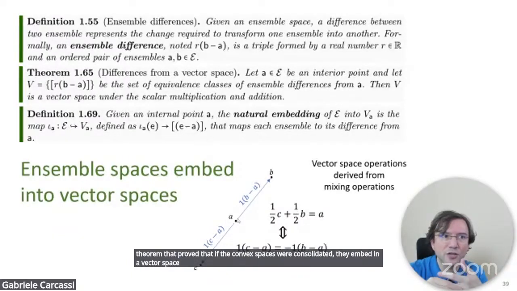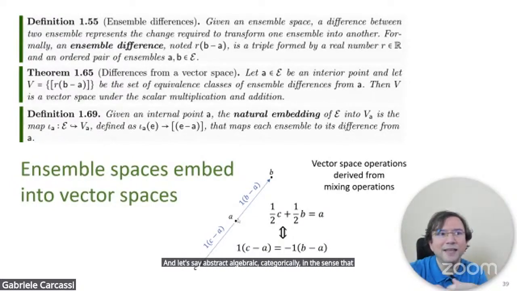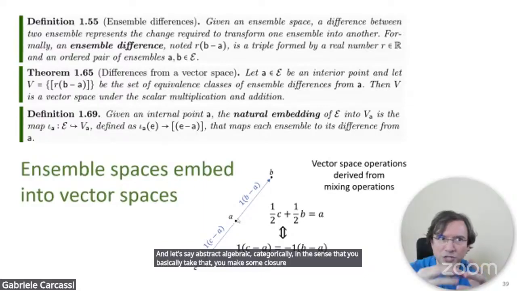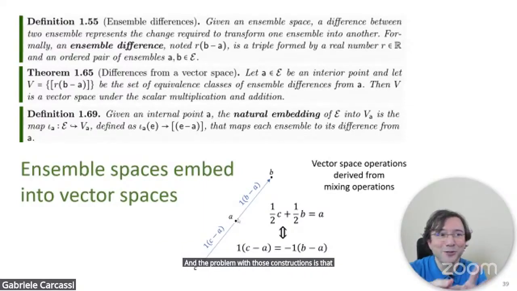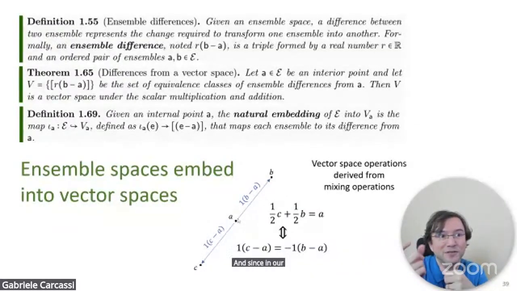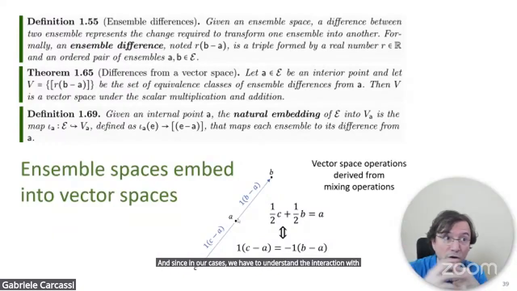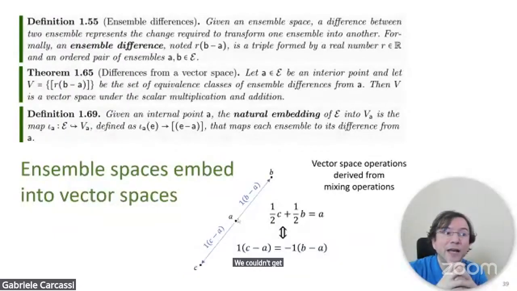The construction he used to create the vector space was very abstract, algebraic and categorical, in the sense that you take some closure and then you quotient out with something. The problem with those constructions is that even talking to other mathematicians, you can't build an intuition of what those things are. And since in our case we have to understand the interaction with the topology of those things, we couldn't get a good enough intuition.